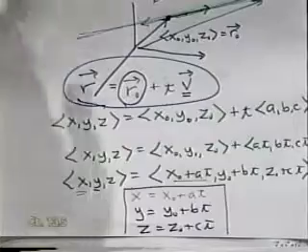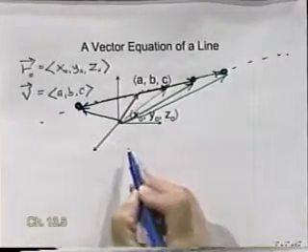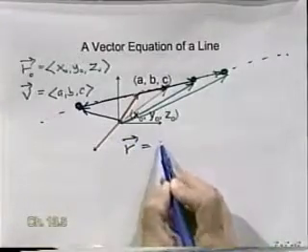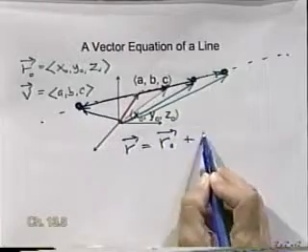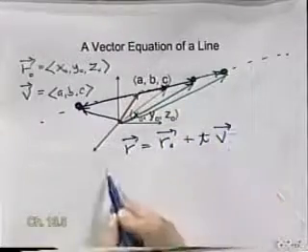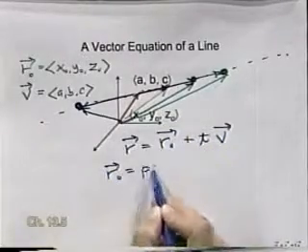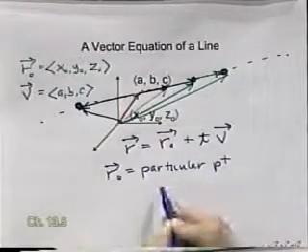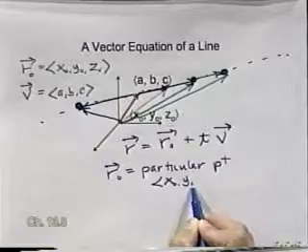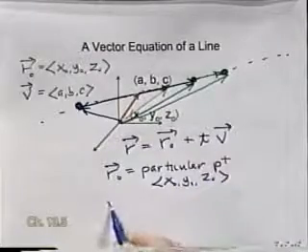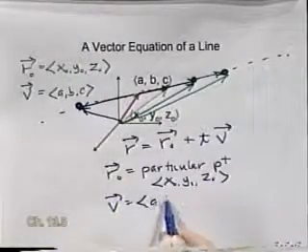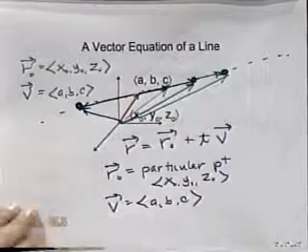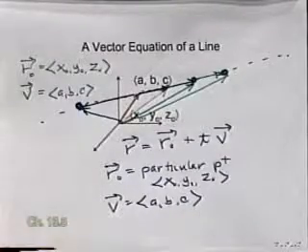So our vector equation in general is going to be r is equal to the particular point plus t times v. r naught gives you your particular point, which in this case was vector x naught, y naught, z naught. And v is the vector that tells us the direction that we're going. Okay? Not hard. Not hard.